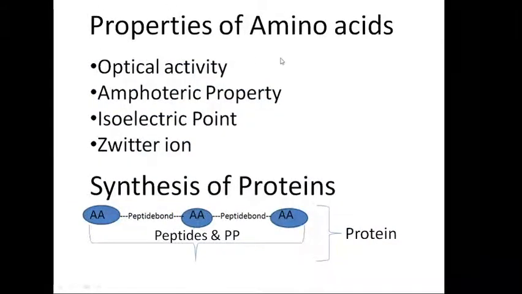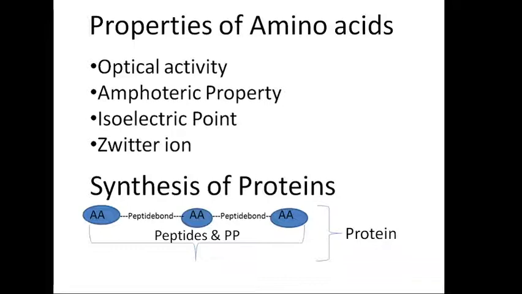Coming to the properties of the amino acids, the optical activity, as I told you, because of the presence of the asymmetric carbon, two different types would be obtained, which are called isomers. These isomers exhibit the property of optical rotation, that is, they are able to rotate the plane of polarized light.